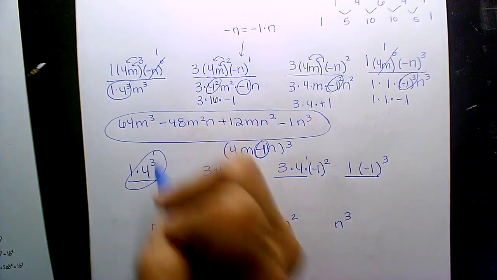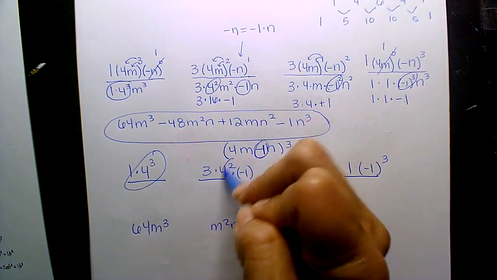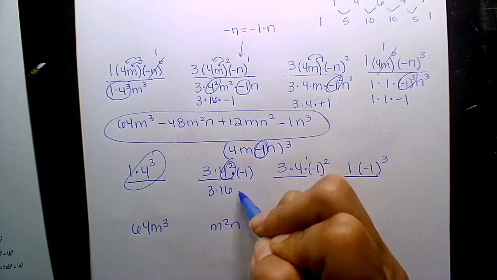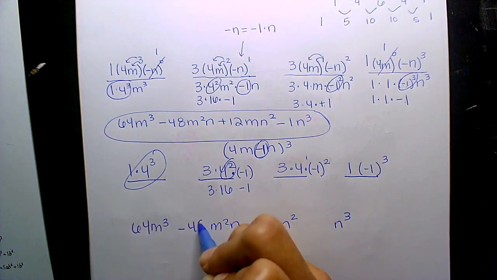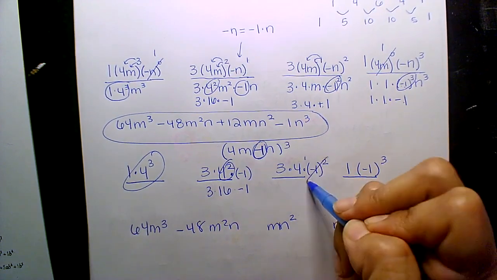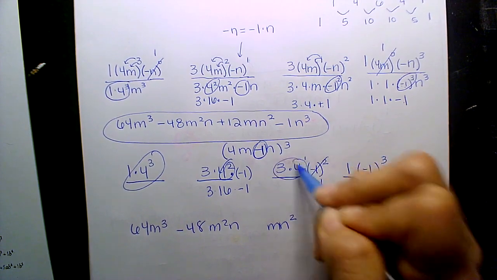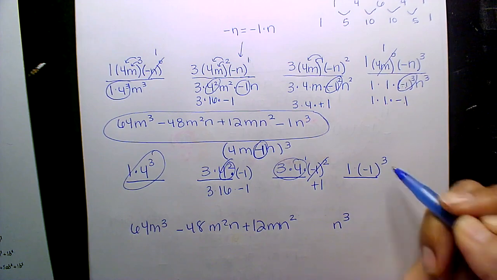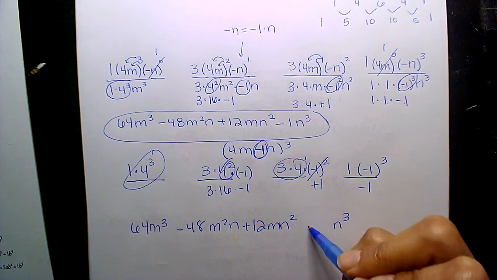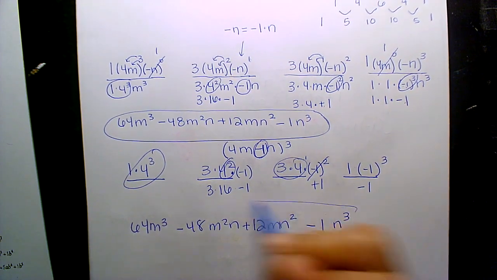So what's 4 cubed? 64. This is 16 times 3 times -1, -48. This is +1. 3 times 4 is then 12, and -1, and there you go, you're done.